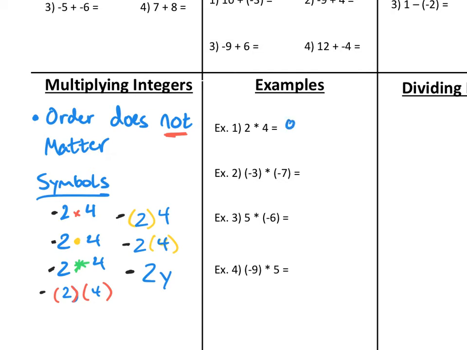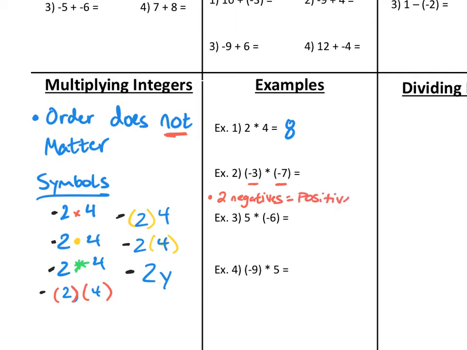That is correct. Now, some other things that I didn't cover over here on the left-hand side because I wanted to save for the examples. On example 2, how many negative numbers do we have here? 2. So I want you to make a little note. 2 negatives equals a positive.